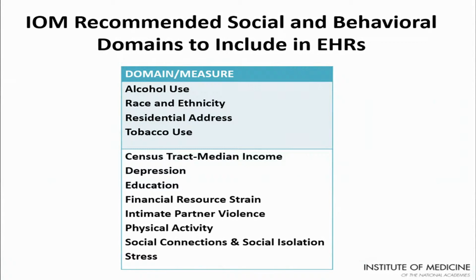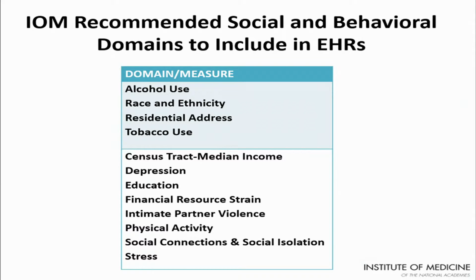So it's not just the IOM. Just this year, actually, the IOM Committee on Recommended Social and Behavioral Domains to Include in Electronic Health Records published a report that has received a tremendous amount of attention from healthcare providers and from payers who are preparing for this increased integration.